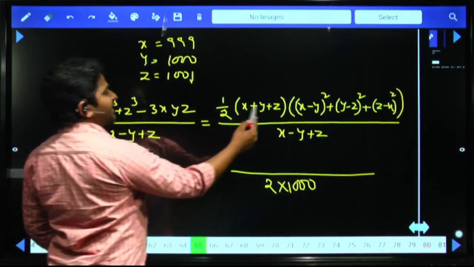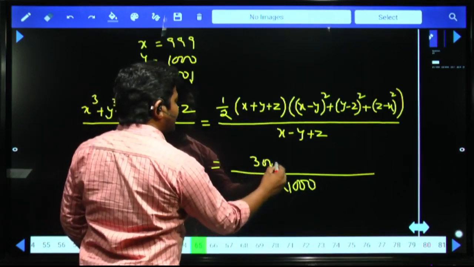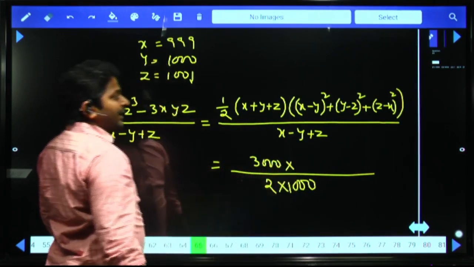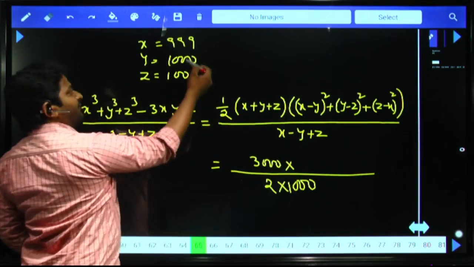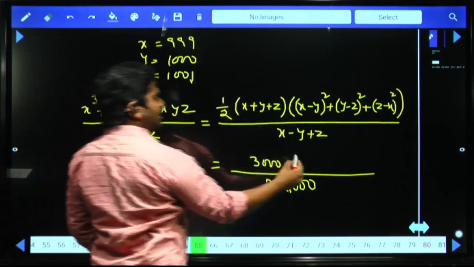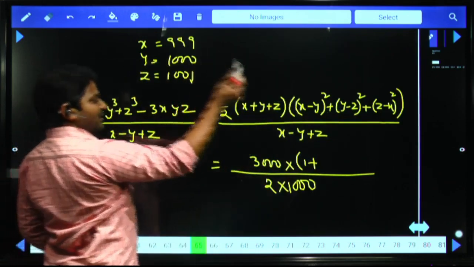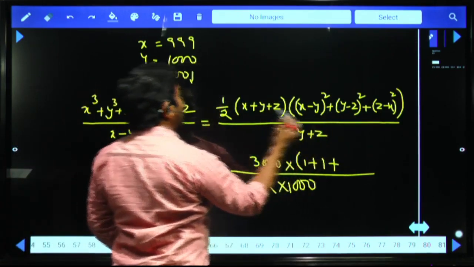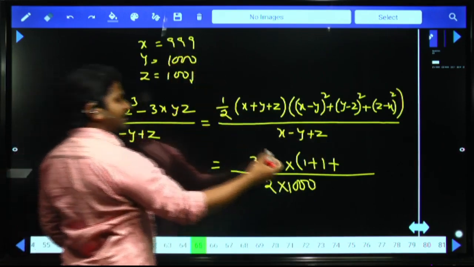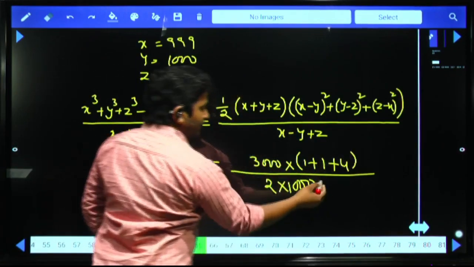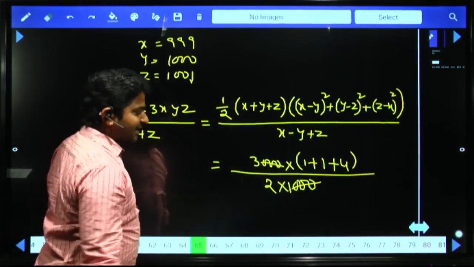Now let's add x plus y plus z, that we got as 3000, into x minus y square. The difference is 1, square is 1. Y minus z square: the difference is 1, 1 square is 1, plus x minus z is 2, 2 square is equal to 4. 1000 gets cancelled.